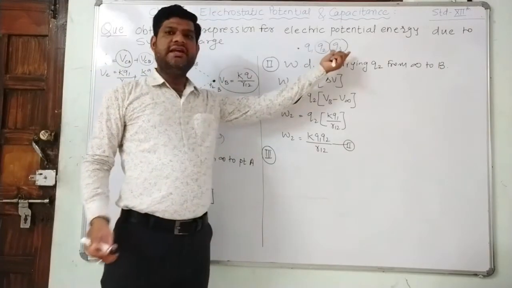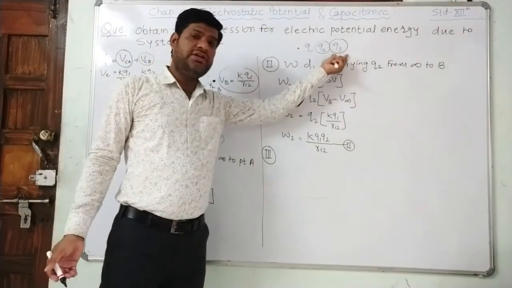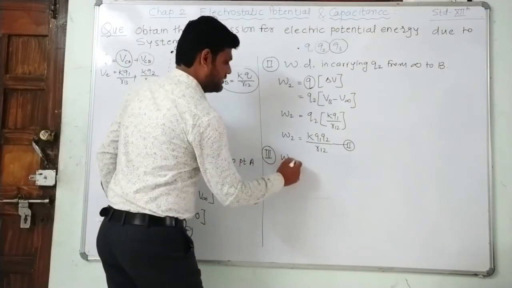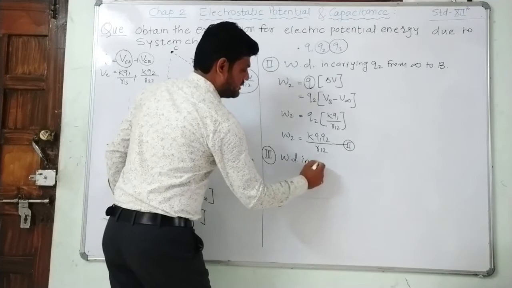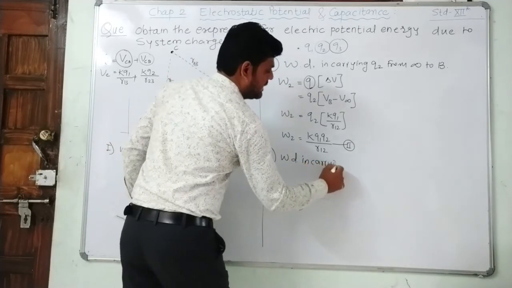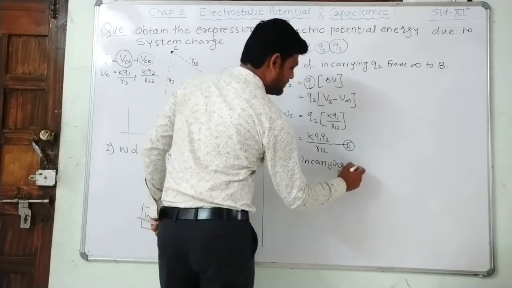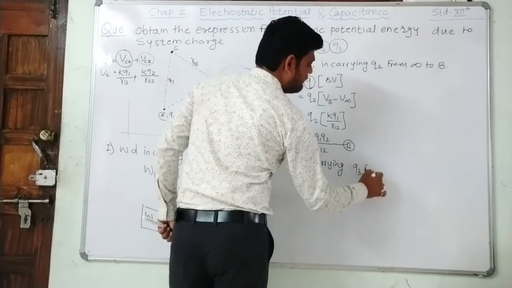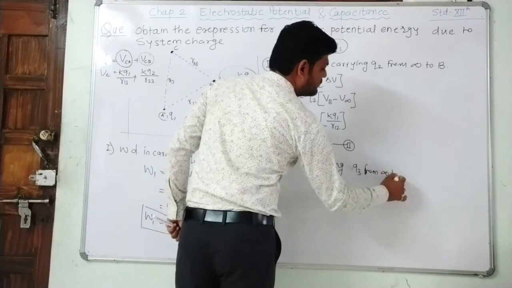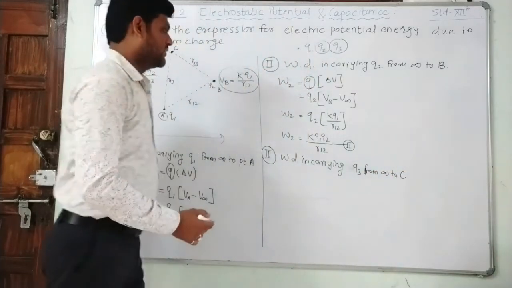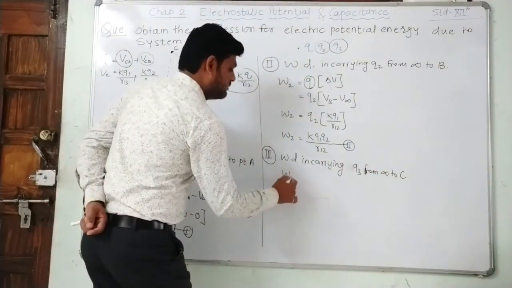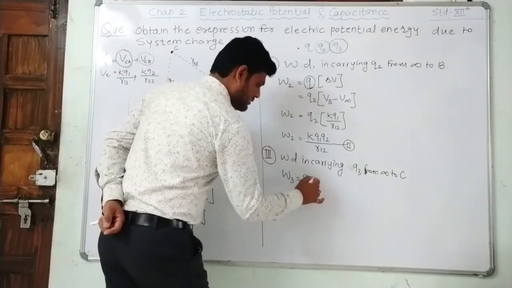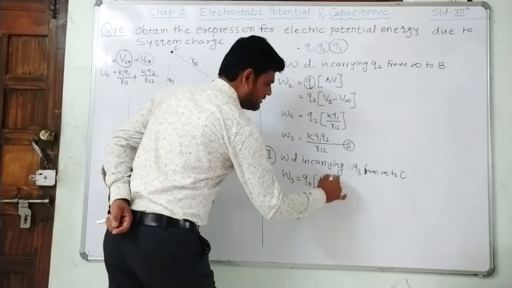Now come to our main point. Work done in carrying a charge Q3 from infinity to point C. The formula will be W3 equal to Q3, which is the charge we are carrying, times delta V. Correct?